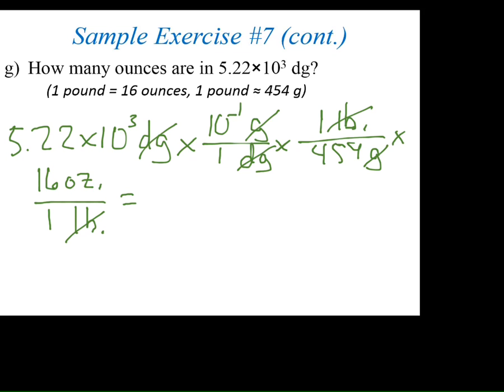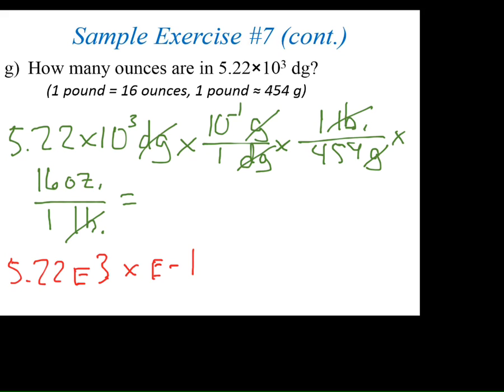Okay, let me just write that out because I think that's helpful. Again, I've said several times, whatever's on the top you multiply, whatever's on the bottom you divide by. So the way I enter that is 5.22, and then I hit my exponent key, 3. Then I see 10 to the negative 1 on the top, so I multiply by exponent negative 1.